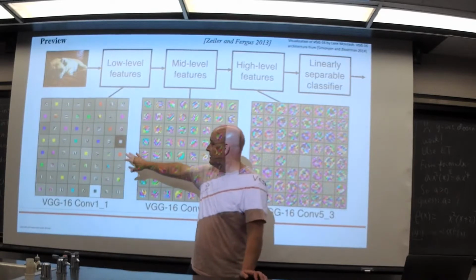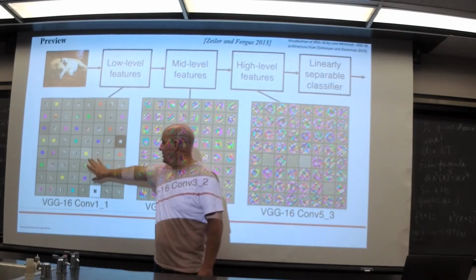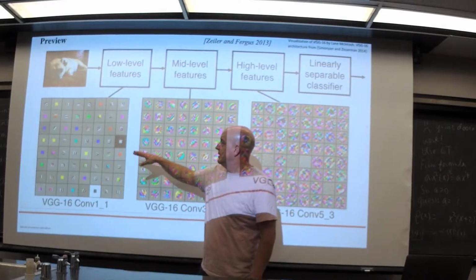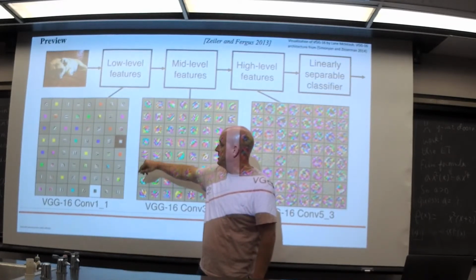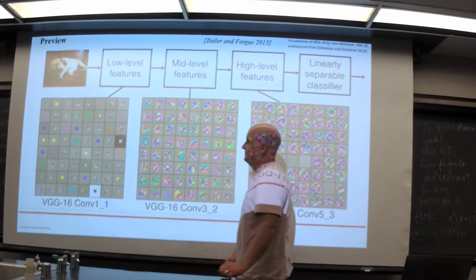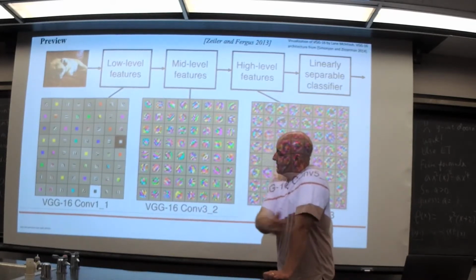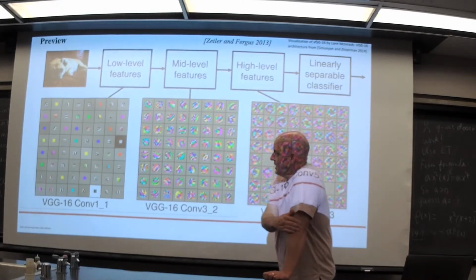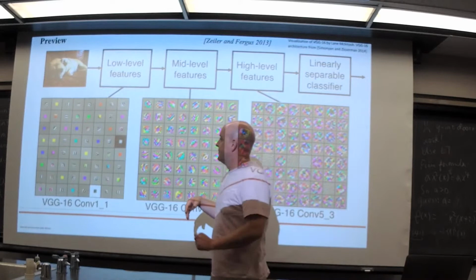Actually, a lot of them aren't totally solid colors, but they're mostly solid colors. So you have some different shades of yellow, some different shades of red, different shades of magenta. There's a cyan. There's an indigo, maybe, I don't know.